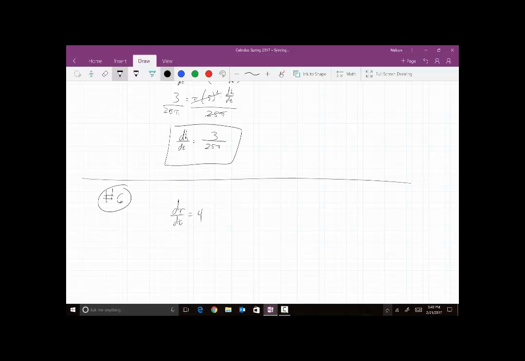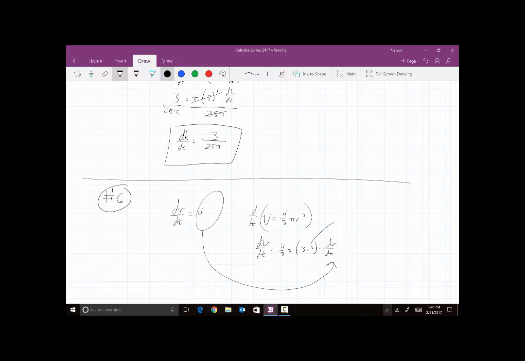The formula for the volume of a sphere is 4/3 pi r cubed. If we take the derivative, we get dV/dt is equal to 4/3 pi times 3r squared times dr/dt. Then we plug in dr/dt, and we have an r. We're told that the diameter is 80, so that implies the radius is 40.